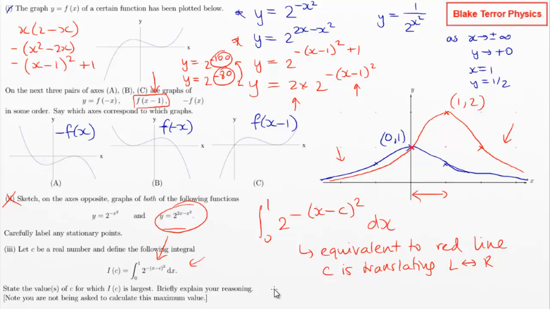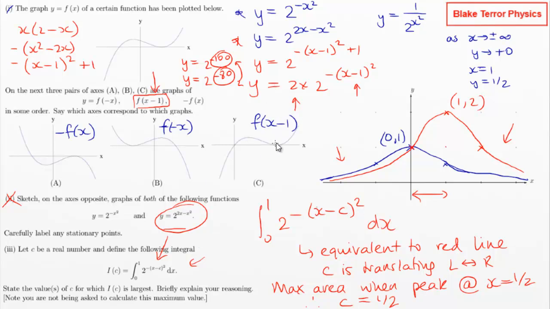So maximum area when the peak is in the middle of the integration window. So peak at x equals a half. So that's certainly what we want there. So that is the value of c. Therefore, we need that c equals a half. That's just dropped straight out.